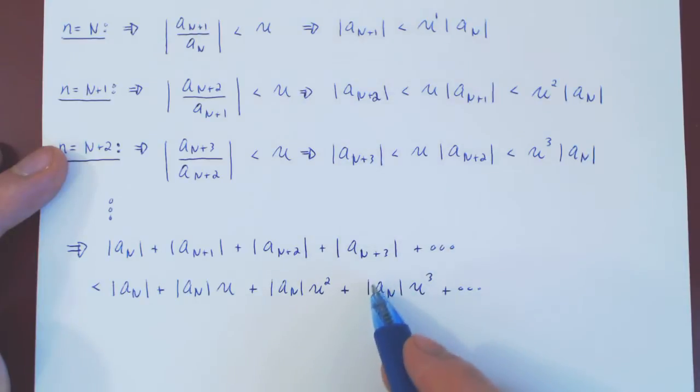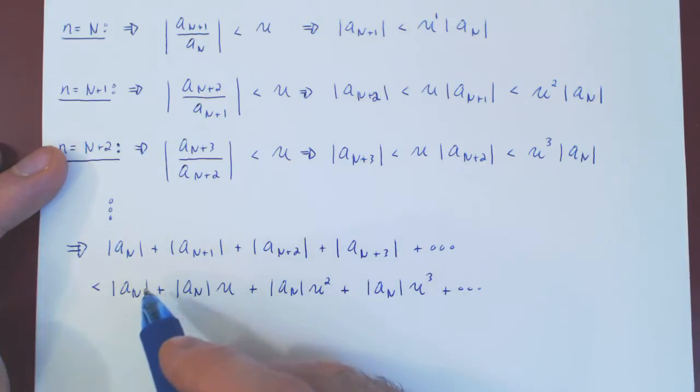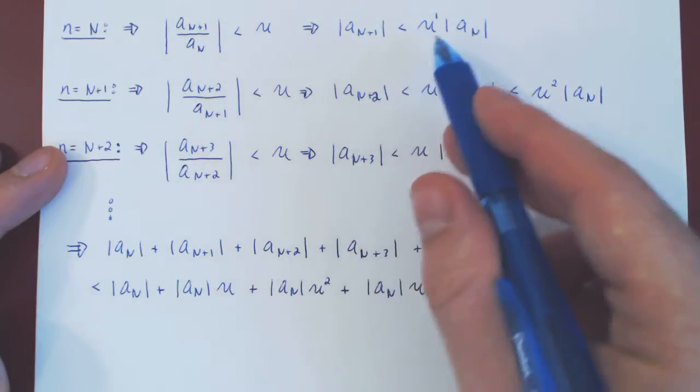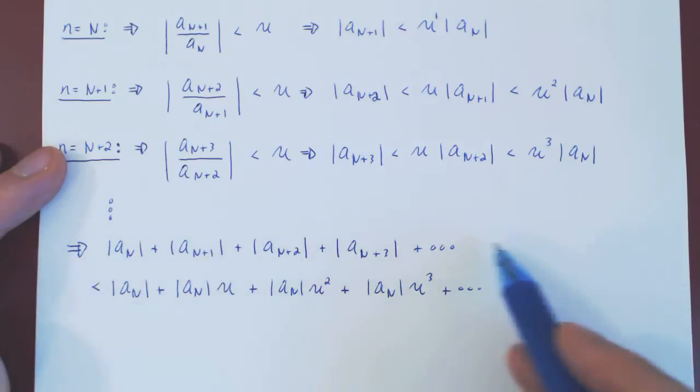And you see what happens. |a_N| times u to the 4, u to the 5, and so on. And again, I've replaced every term by a larger term, so the new sum is larger than the original sum.